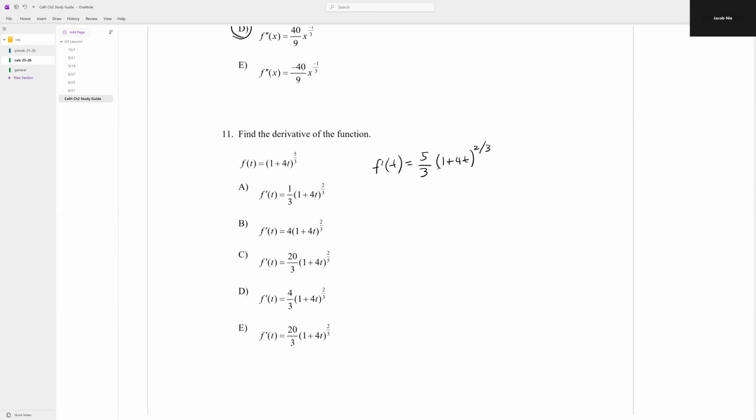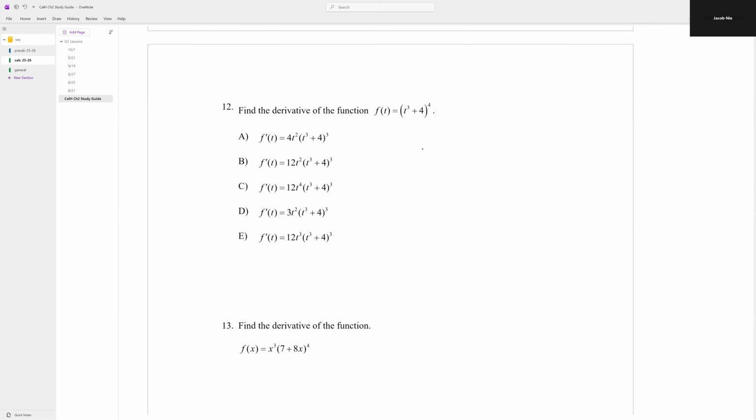We're not done yet. We have to now multiply by the derivative of the inside function. That's chain rule. And so the derivative of the inside is 0 plus 4. So it's 4. If I simplify this a little, bring the 4 to the front, I'm left with 20 over 3 times 1 plus 4t to the power of 2/3. Choice E.